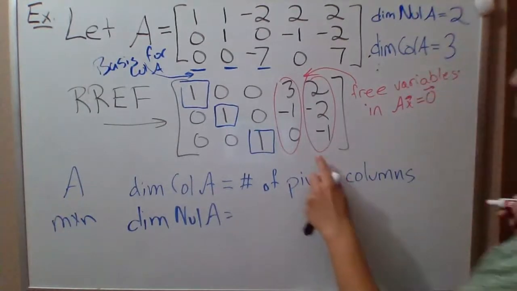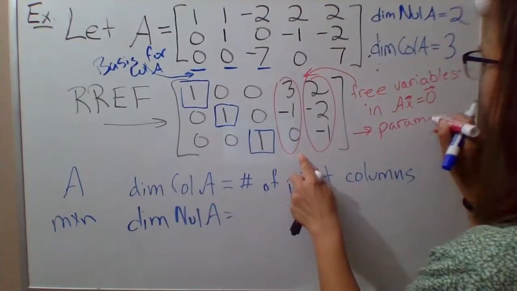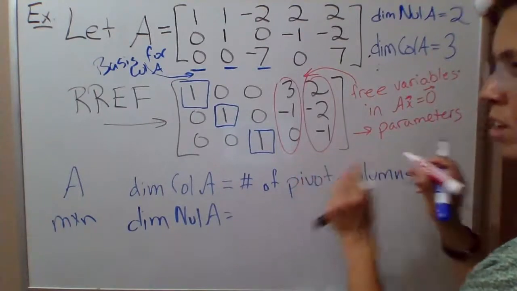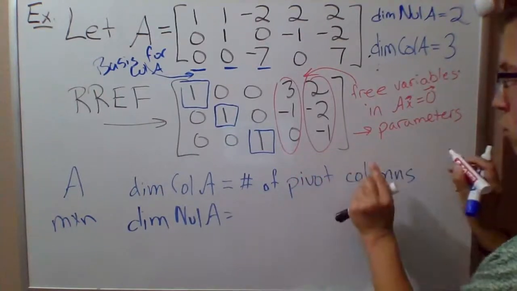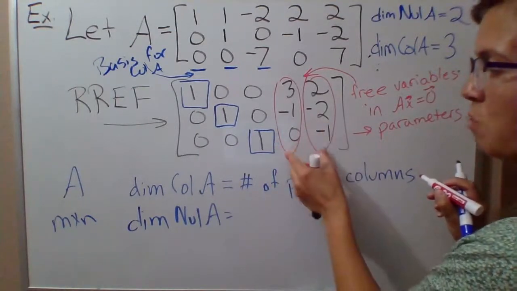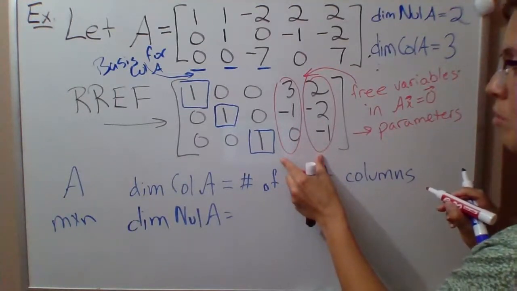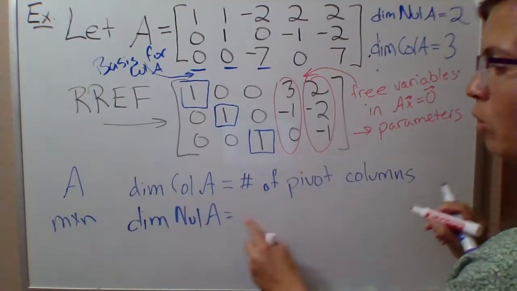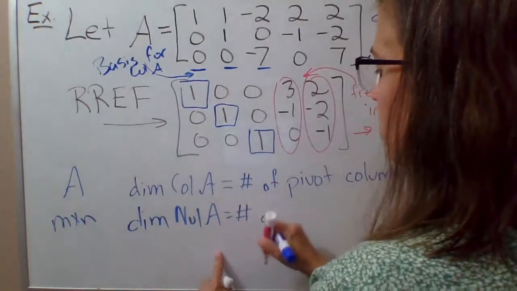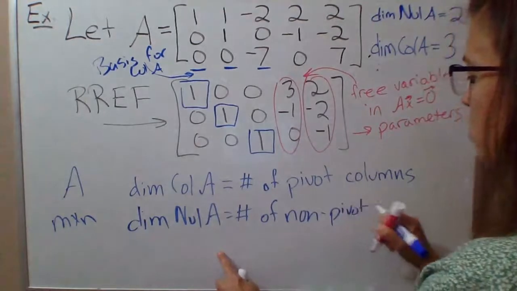The free variables are what end up being your parameters when you write out the parametric form for that solution set. So we would have 2 parameters. When we write our spanning set, we're going to have 2 elements in it, and that's going to be the basis for the null space. So the dimension of the null space is actually equal to the number of non-pivot columns, because those non-pivot columns correspond to your parameters.